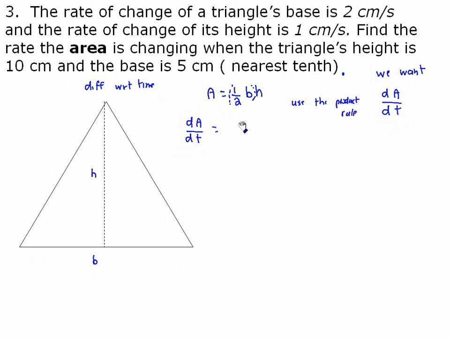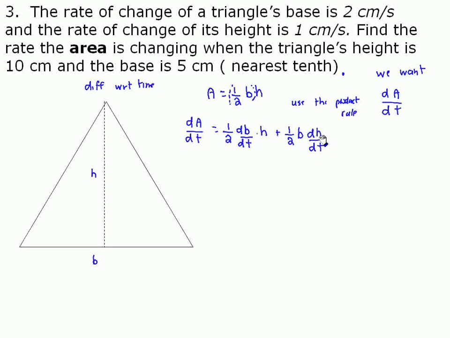So we take the derivative of 1/2 b. So that's 1/2. But then we have to note that it's dB/dt. So we're using implicit differentiation multiplied by the height, because that's unchanged. And then the next one is going to be the 1/2 b stays as is, but we have dH/dt.